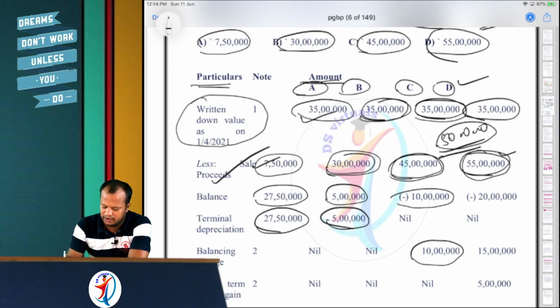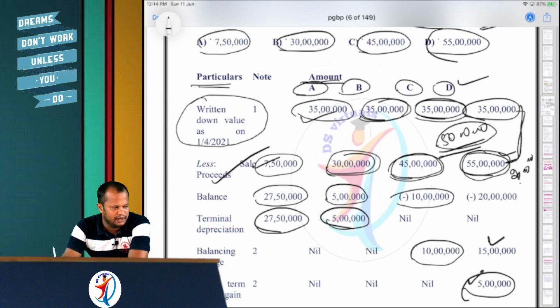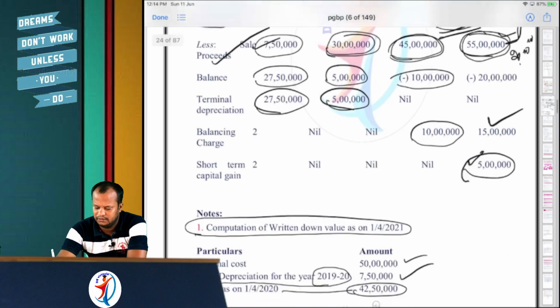So 5 lakh will be short-term capital gain. Now the difference between 35 and 55 is 20 lakh. So out of 20 lakh, 5 lakh is the short-term capital gain, so 15 lakh will be balancing charges.